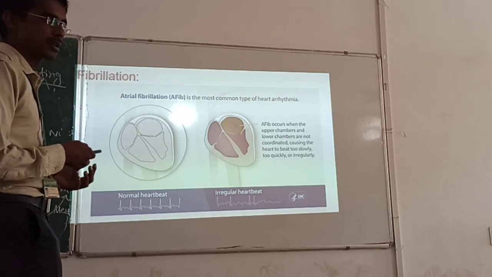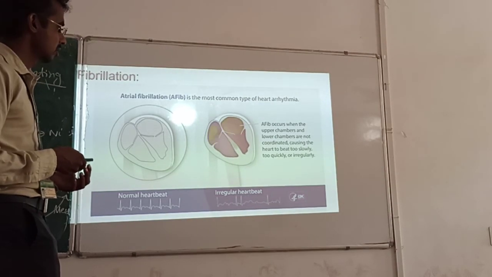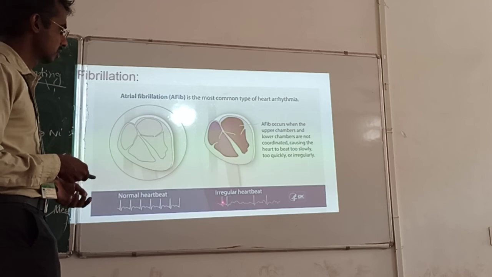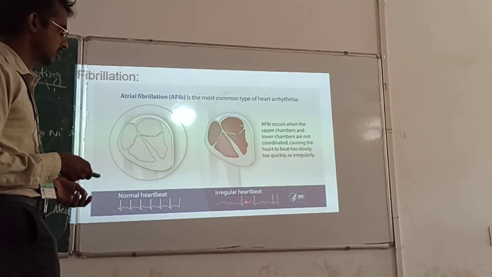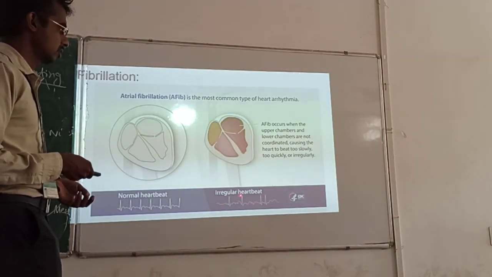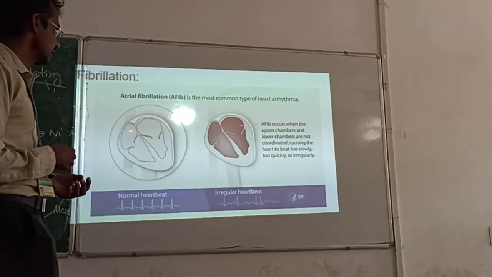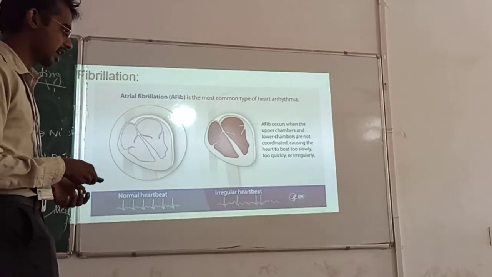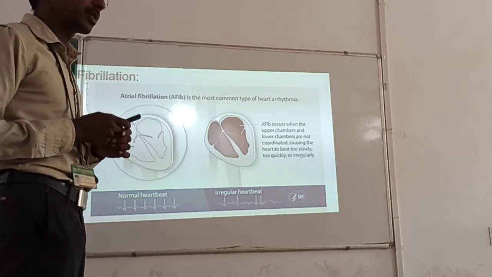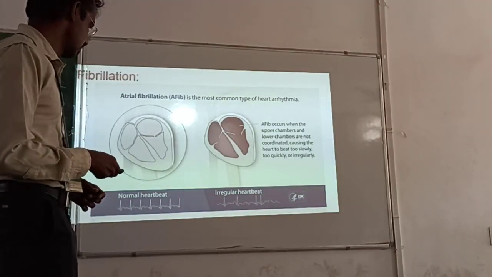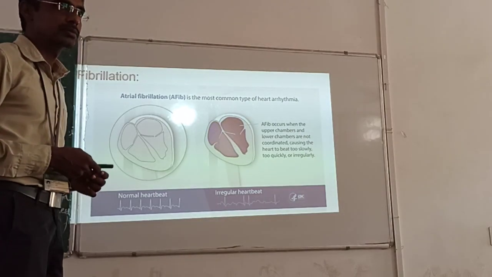You are giving it in the chest, right? Yes. That is the actual point we are going for. Fibrillation happens in the atrial region. I can show the PQRS wave. Based on the PQRS, we have to discuss. Okay, sir. Thank you.